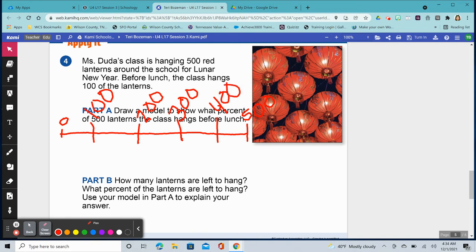Now I need my percents. 0% would be 0 of the lanterns. 100% would be all of the lanterns, which is 500, right? But we know they did 100. So we want what's equivalent here. My bottom number line has to have the same amount of marks here.